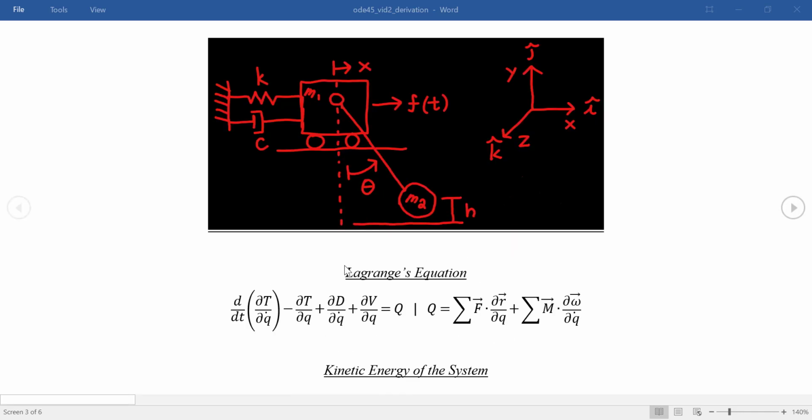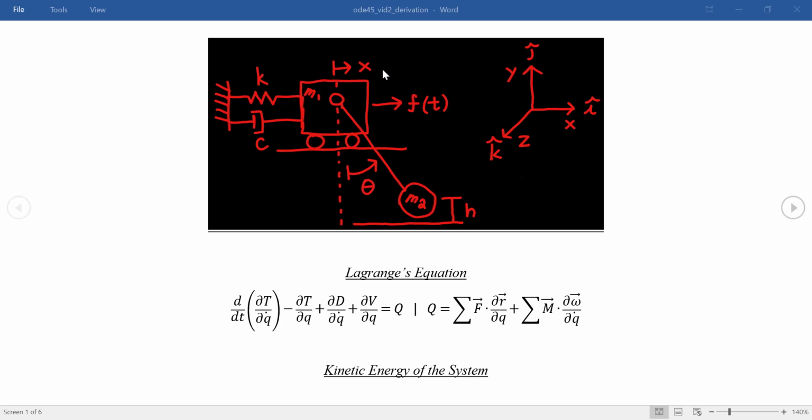For Q1, as we're looking at mass 1, there are no moments being applied on this guy either, but there is a force being applied to it. So this term is important to us. The force vector is in the I direction, so the force vector is just f of t times I hat. And we also need the location vector and the generalized coordinate.